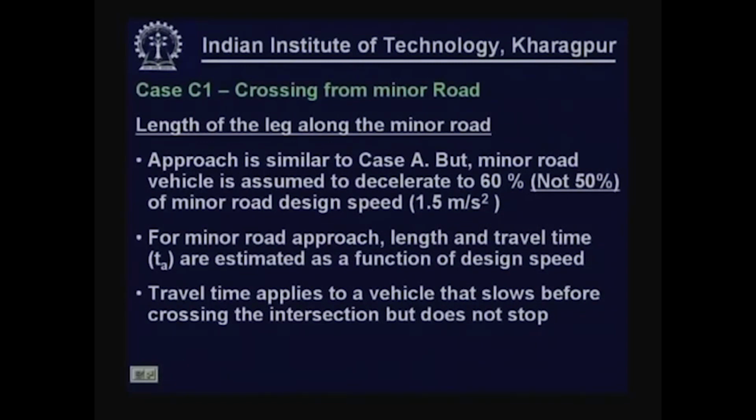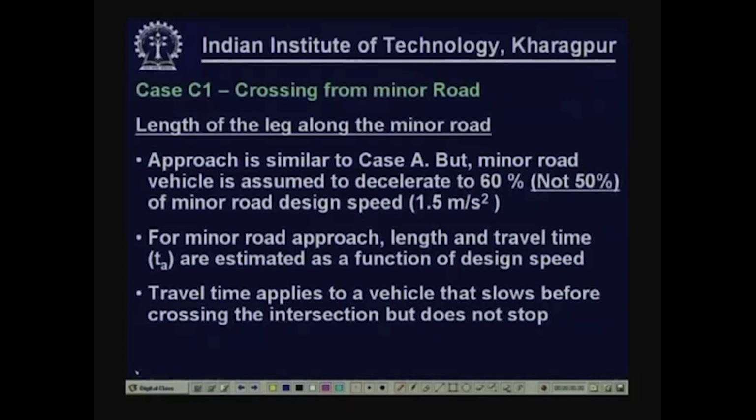While discussing the required intersection side distance for yield controlled intersections and for crossing the major road, we have to find out the length of leg along the major road and also the length of leg required along the minor road. First, let us see the length of leg along the major road. This approach is similar to case A.